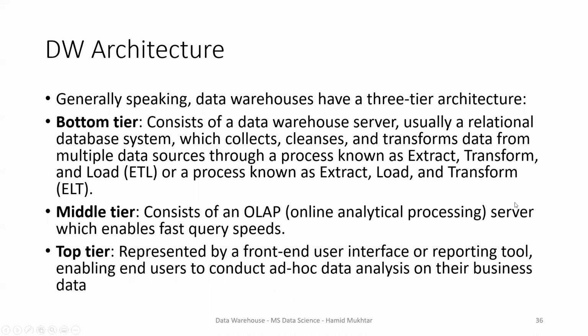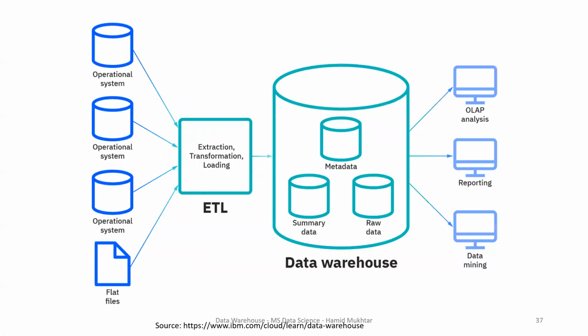Now, this is just one example. What you see here, on the left side, is different databases, which are generally the operational systems. These are databases, and also flat files, for example. So these are different data sources. These pass through the ETL, extraction, transformation, and loading process.